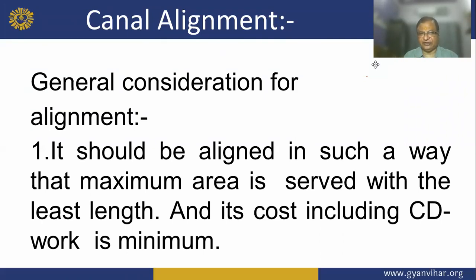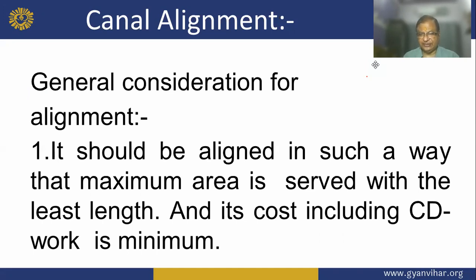Now general consideration for alignment. Yesterday in my class you have read what alignment is. Alignment is the middle line of the canal which is invisible but running in your mind.